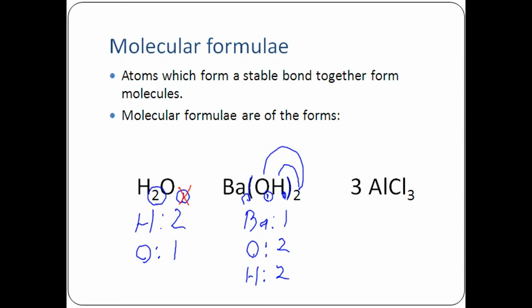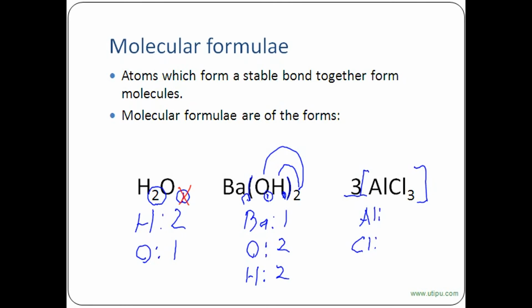If we have more than 1 molecule, that's indicated by a number out front. The out front number, as you notice, is not a subscript or a superscript, it's just a normal size number. It means that there are, in this case, 3 of everything that's right here. And so 3 AlCl3s. For this one, if we wanted to find the total number, we have aluminum and chlorine.